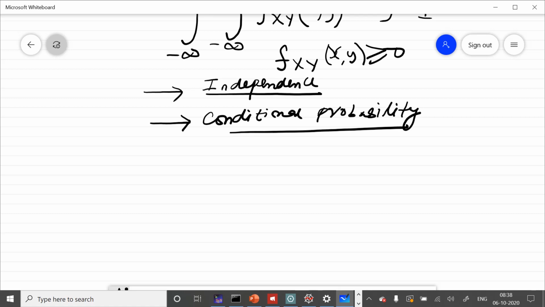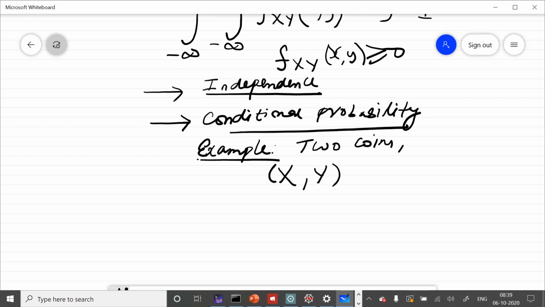And I will repeat the example which I quoted at the beginning of the lecture, that we have two coins. One is fair and one is unfair, and the random variable X denotes which coin is chosen: 1 means fair, 2 means unfair, and Y is what happens when we toss that coin, whichever coin we pick up, it shows head or tail with different probabilities.